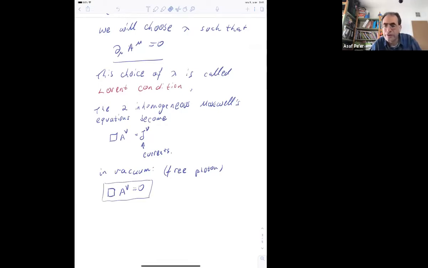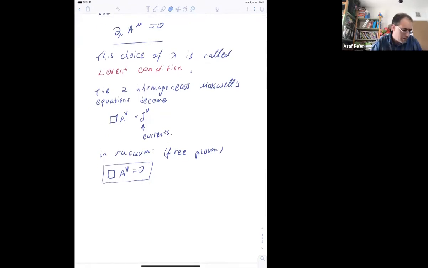Now, why do I call it a photon? What is this equation really describing? Remember, what is the d'Alembertian? The d'Alembertian is dt squared minus nabla squared, right? So what does this equation tell us?